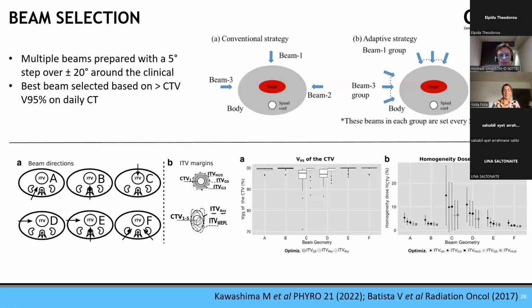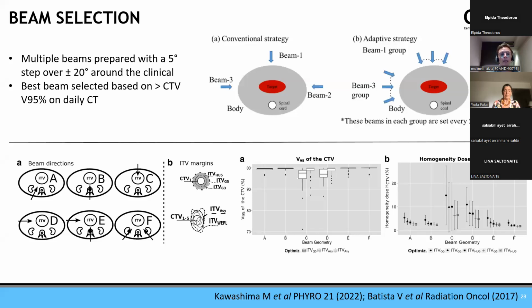This has been studied both in Gunma and in Heidelberg. In Gunma, they have only a passive system, so online adaptation is an issue for all carbon ion facilities, but it's even more an issue if you have a passive system, because you need beam-specific devices that you have to mechanically produce.